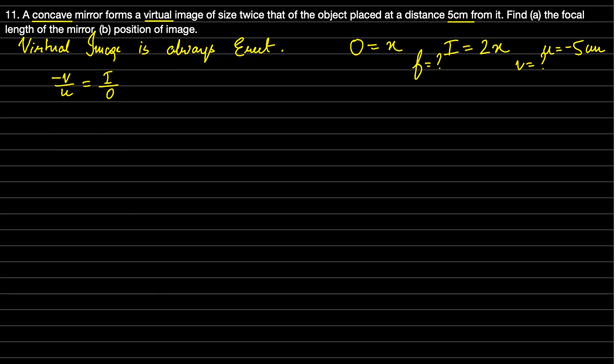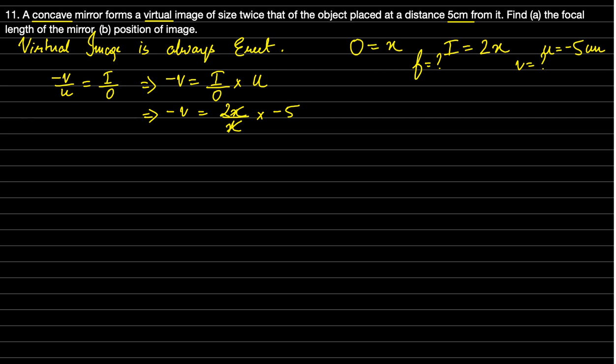So u will be going to the other side and we get minus v is equal to I divided by O into u. So I would be solving it here. So I would be taking minus v is equal to I is 2x divided by O is x into u is minus 5. x and x cancels.